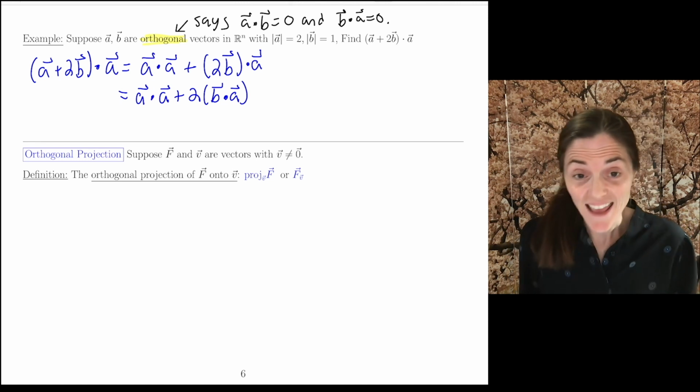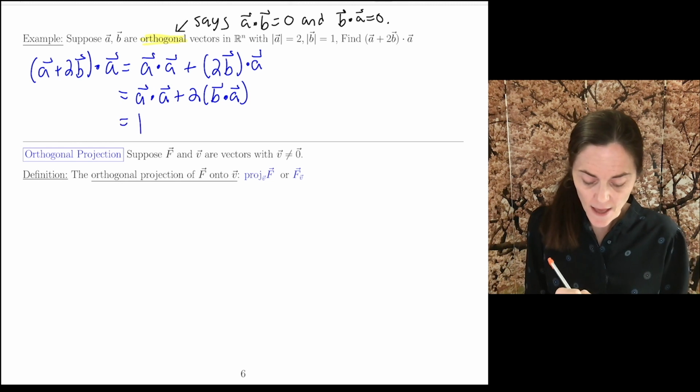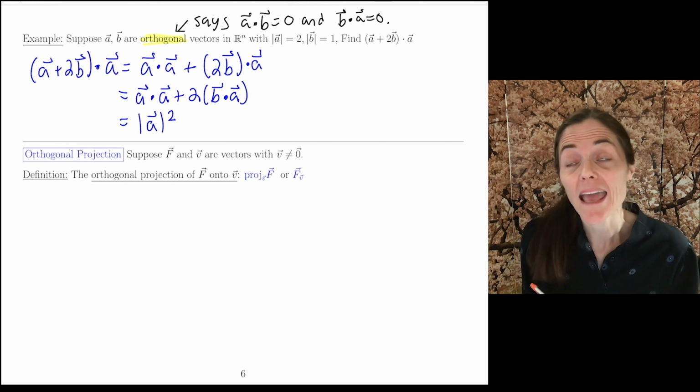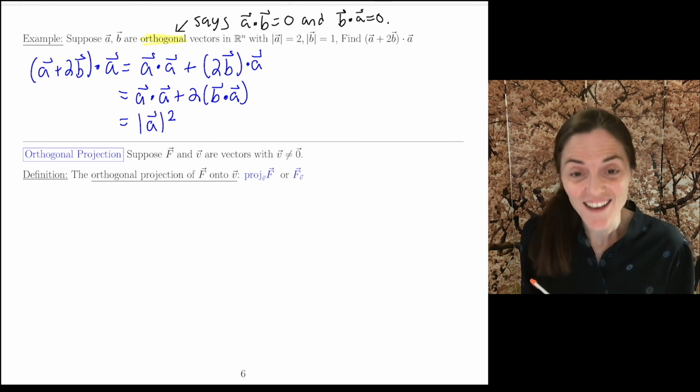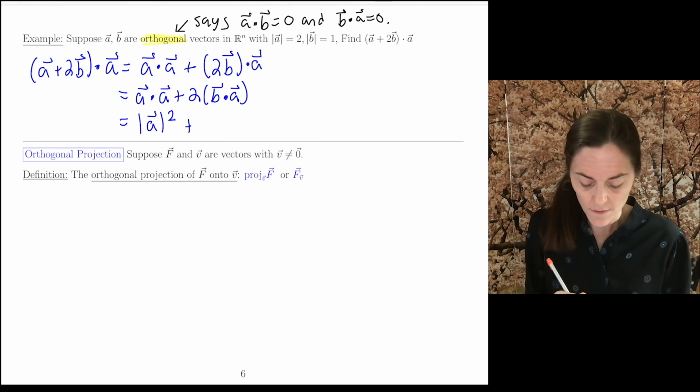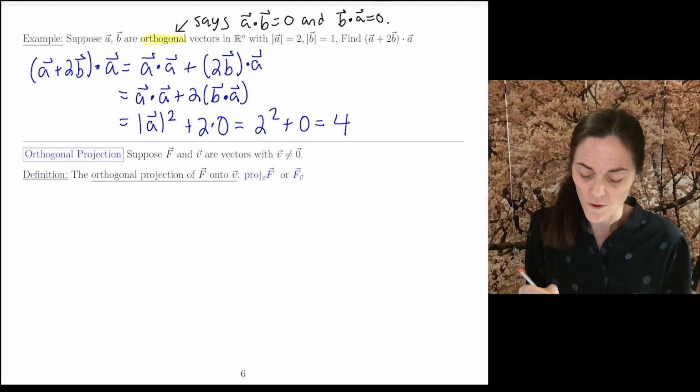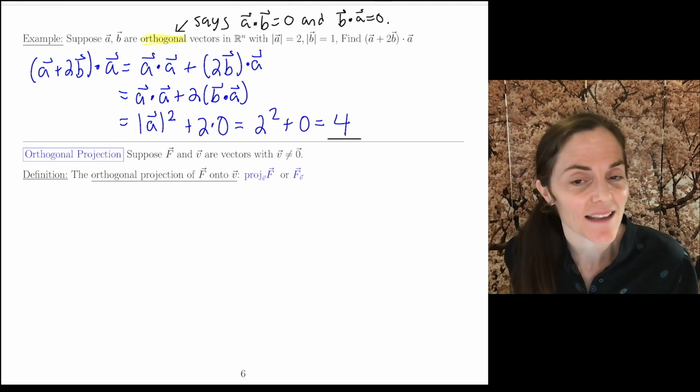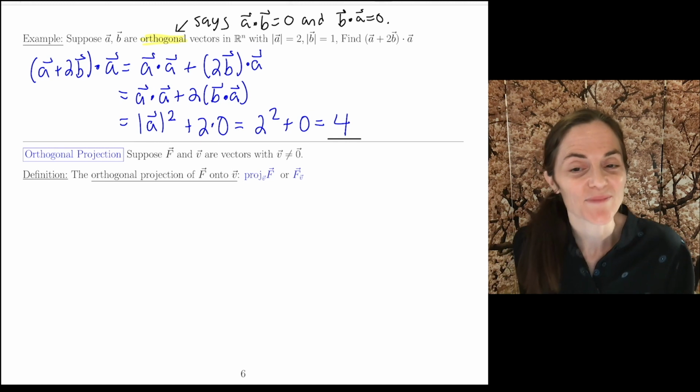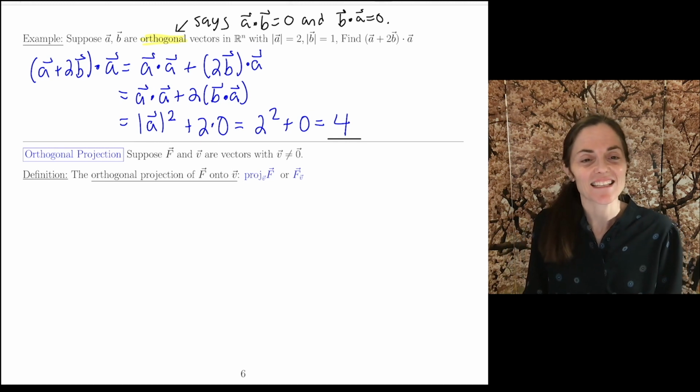Well, A dot A is the length of A squared, and A and B are orthogonal, so B dot A is 0. The length of A squared is 2 squared. We have 4. So this is the answer here. In fact, we didn't even use the fact that B had length 1. We didn't use it in this calculation.